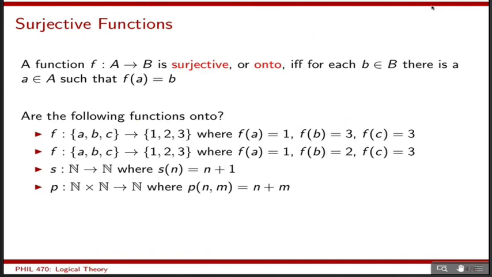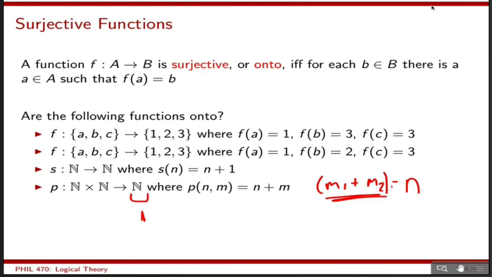And what about the addition function? Let's think about this. Is it the case that for any natural number n, I can find a pair of natural numbers, let's say m1 and m2, such that m1 plus m2 is equal to n?